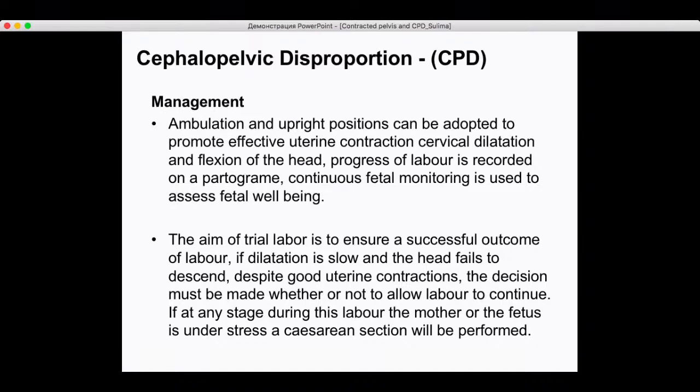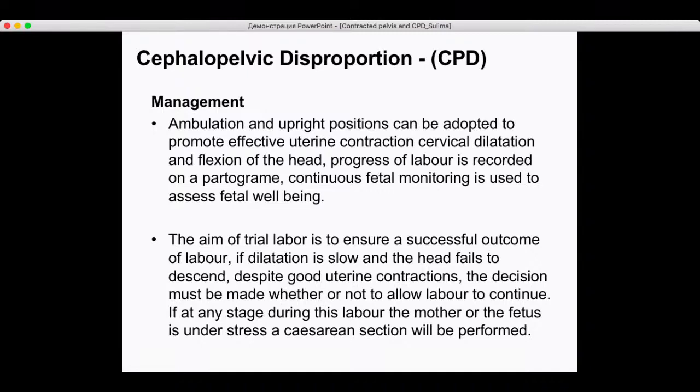You know that the partogram is the graphical scheme of the labor process. Continuous fetal monitoring is used to assess fetal well-being.